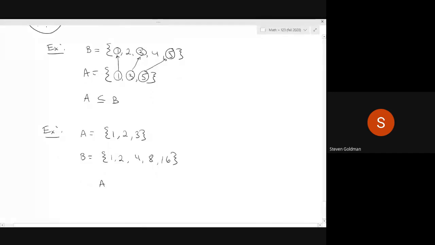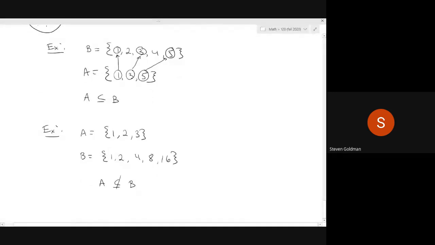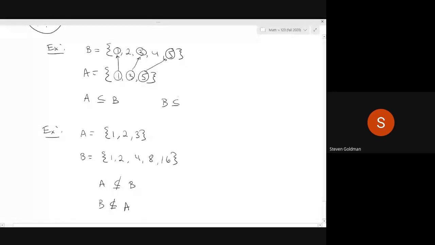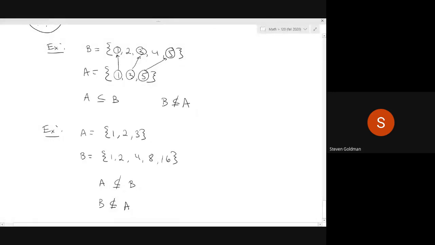Here, A is not a subset of B, nor is B a subset of A. In the previous example, A was a subset of B, but B is not a subset of A, right? Why? Because there are elements in A that are not in B, and there are elements in B that are not in A. For example, 3 is in A, but not in B.